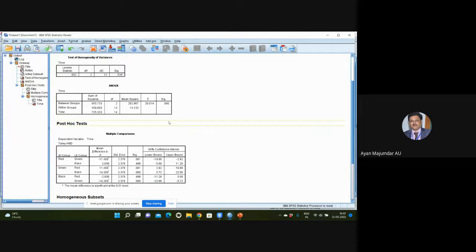We get the F statistic here. This is the result. We get the F statistic here, and the p-value is 0.000.